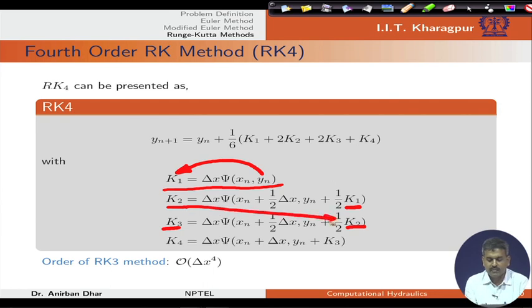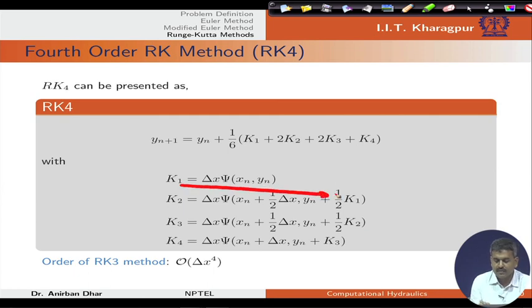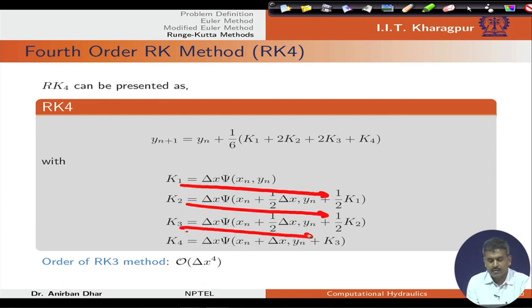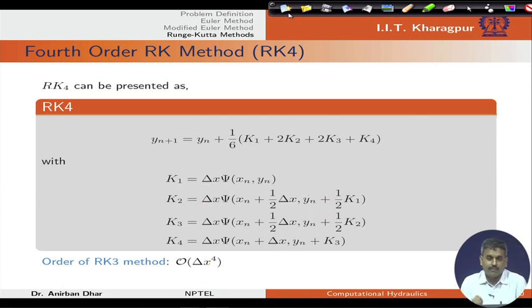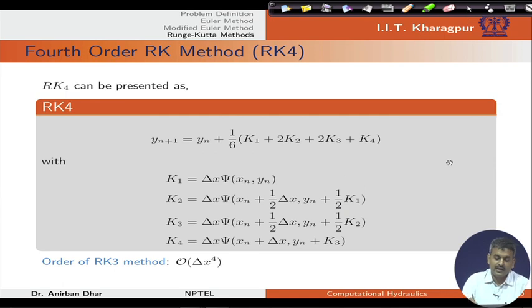For K2 we use K1, for K3 calculation we are utilizing K2, and for K4 calculation we are utilizing K3. Now, all these methods, whether forward Euler, modified Euler first approach, modified Euler second approach, RK2, RK3, RK4, are explicit in nature.